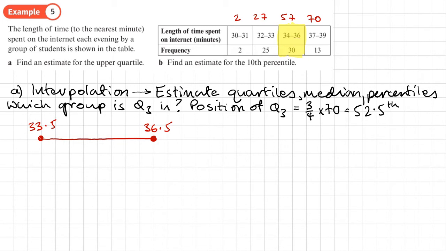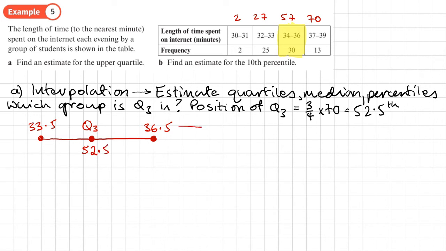Now we want to work out whereabouts between 33.5 and 36.5 is Q3. So I'll just put Q3 somewhere on this line. This is the value that we want to work out. It's a number that we're estimating is somewhere between these two. We also know the position of this number, and that is 52.5.